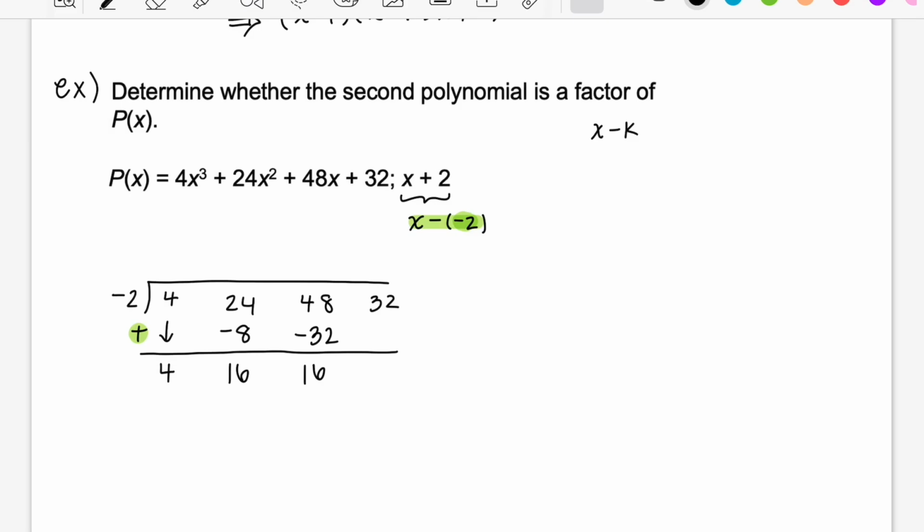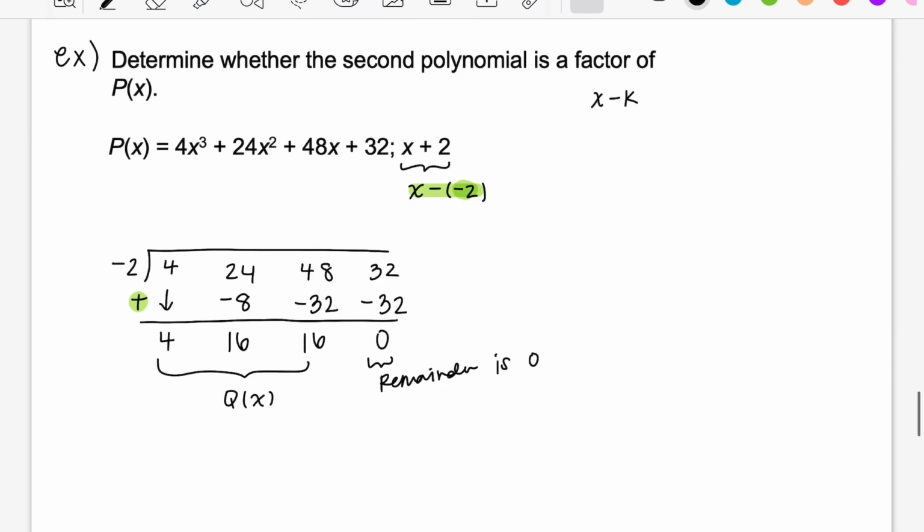And lastly, we'll take this result here and multiply it by this guy. We get a minus 32. And then we know that 32 plus a minus 32 is going to be 0. So this tells us that our remainder is 0, and this is going to be our quotient, our q of x.